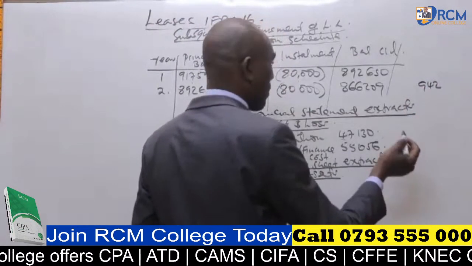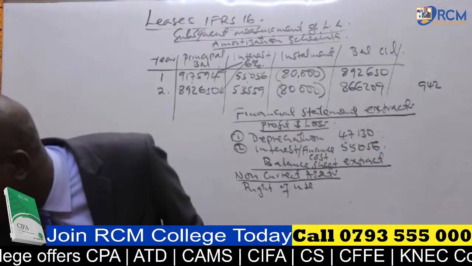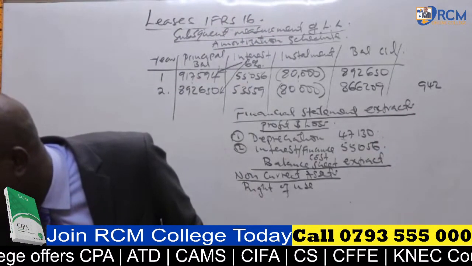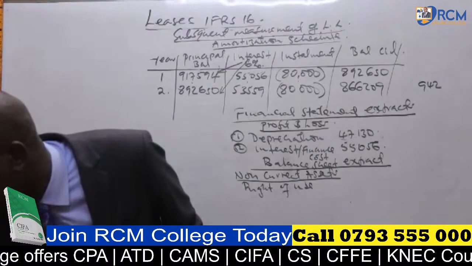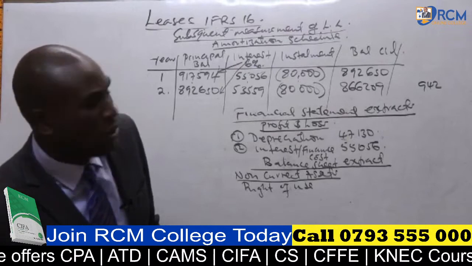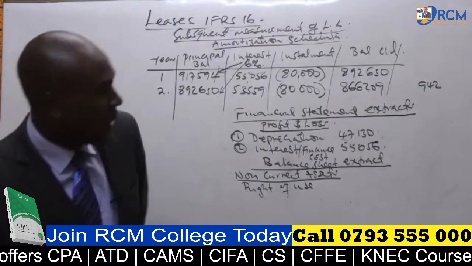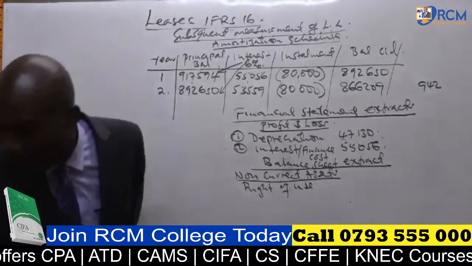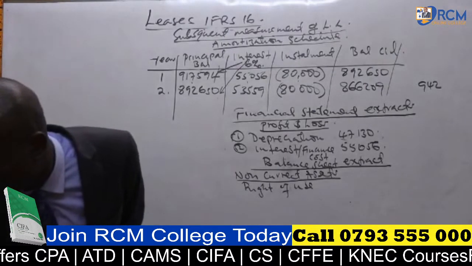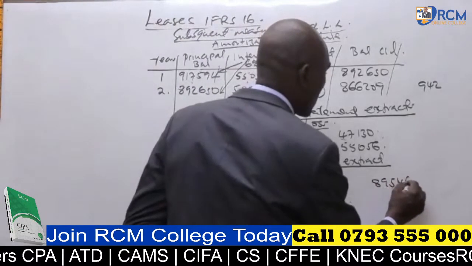It was 8 something. I can check here. It was 892,650, I think? No. Our right of use, what was the figure after subtracting depreciation? 895,464.